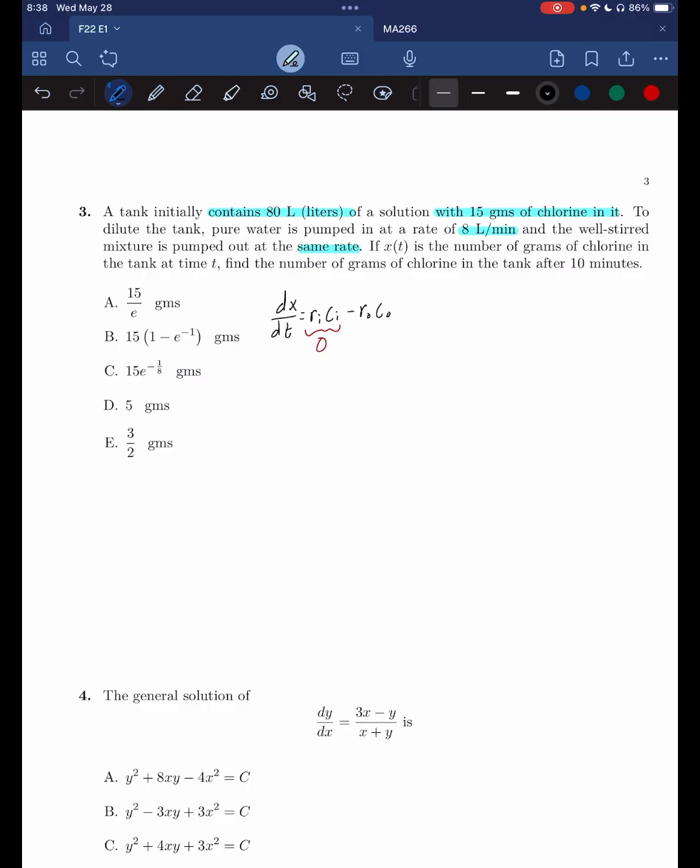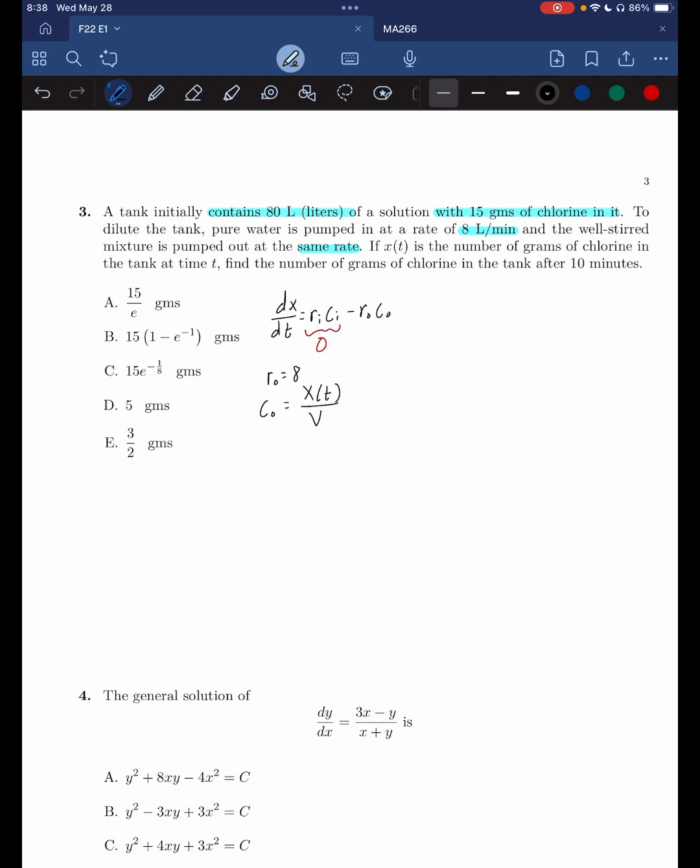Now, what is our rate out? Our rate out is 8. And our concentration out, just a general form, is going to be x of t over v every time. Why is it that? It's because the mixture is uniform.